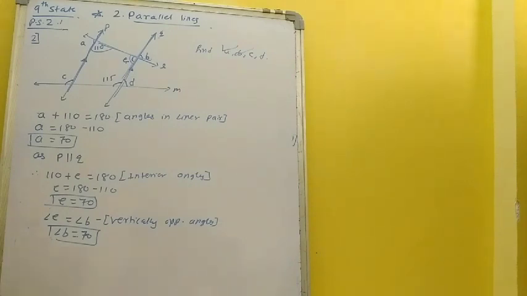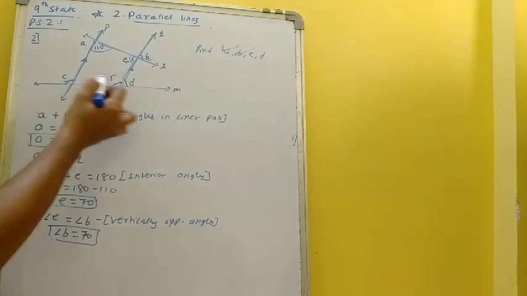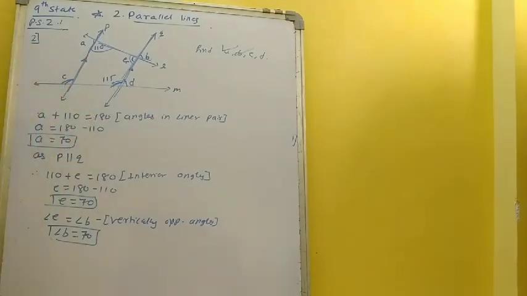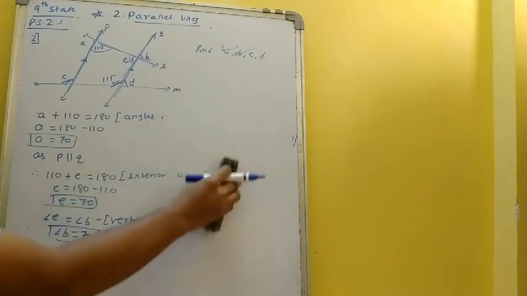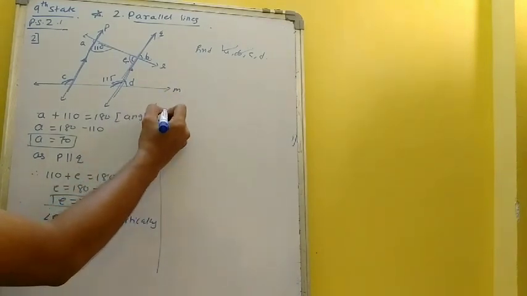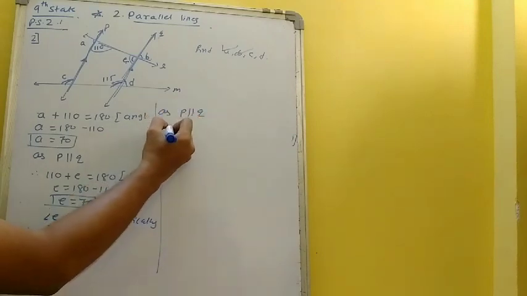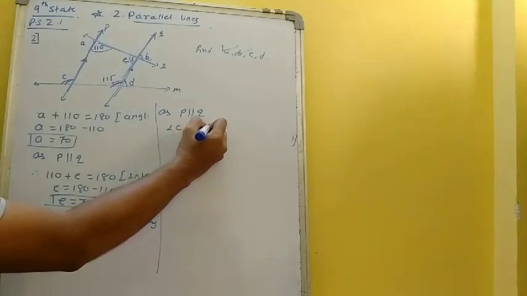Okay. Now, we have these two parallel lines, and C and 115 are the angles above the line. So we can use corresponding angles. Yes. So I'll just erase this part. You must have copied down. So again, as P is parallel to Q, angle C is equal to 115.